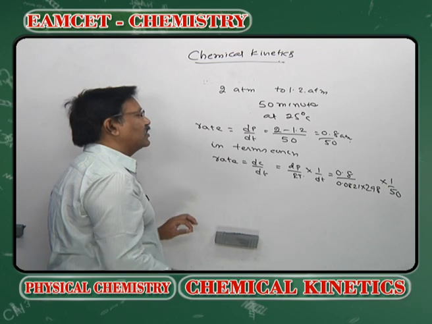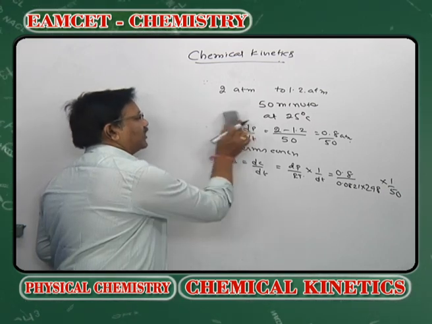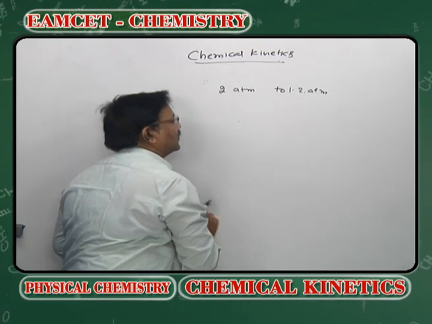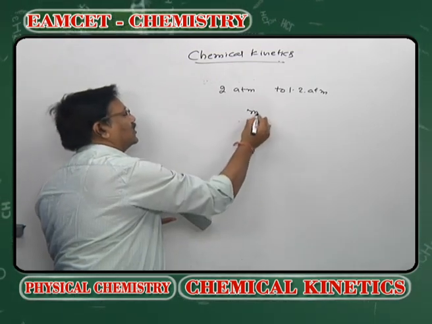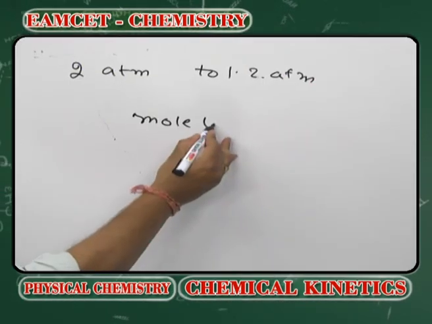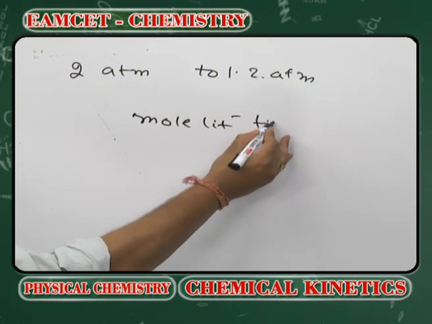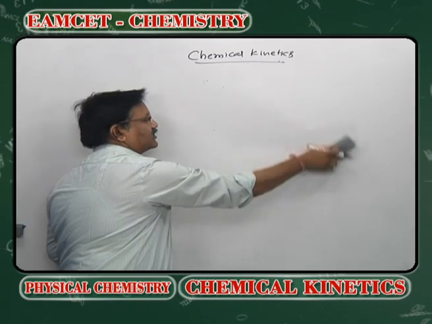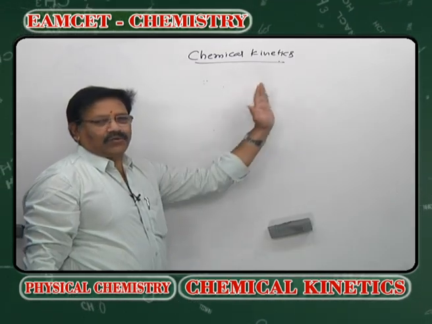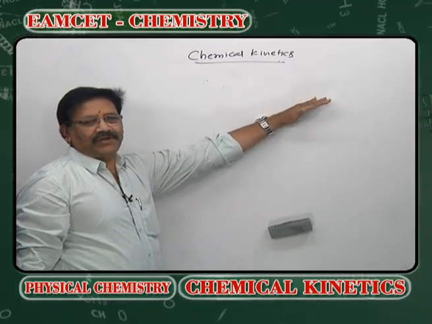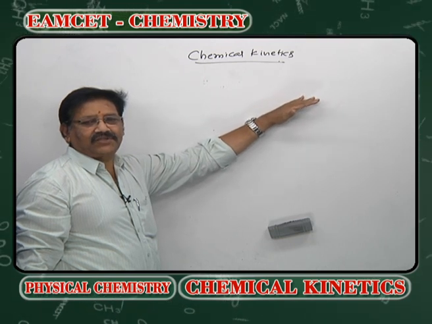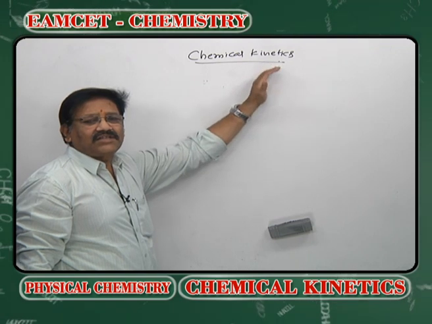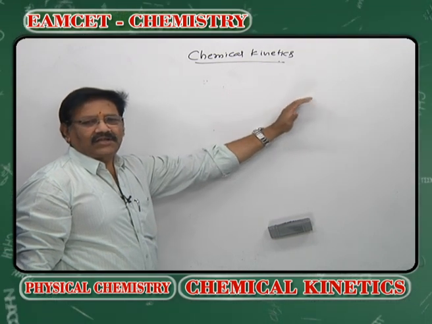What are the units for rate? Moles per liter per time, mole liter inverse time inverse. What are the general characters of the rate of the reaction? No reaction proceeds with a uniform rate, because as time proceeds, concentration of the reactant goes on decreasing.